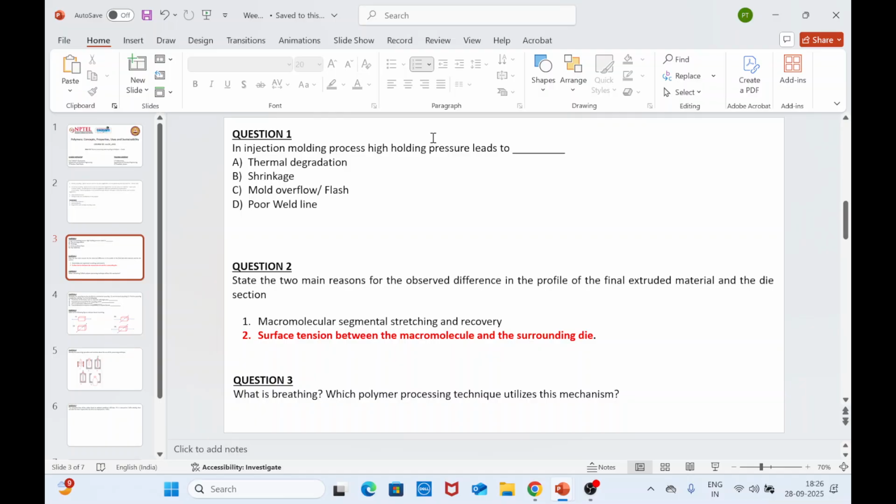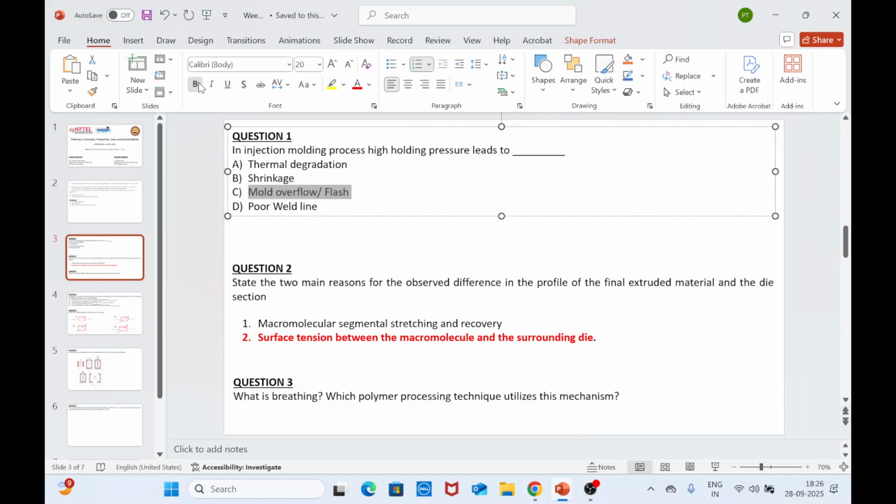Will that plastic product suffer low pressure, or high pressure? So it's going to be mold overflow.